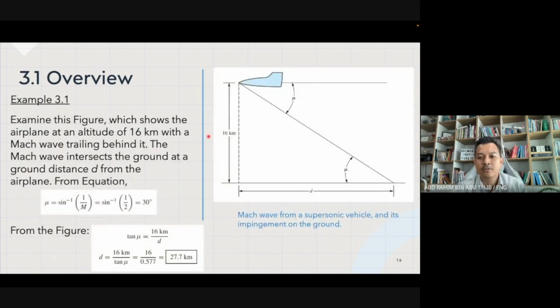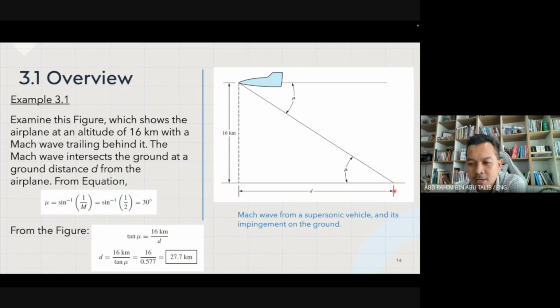So basically, what we need to find is D. In this particular figure, you have the vehicle, the aircraft, and this is just a schematic of the Mach angle mu. This is the altitude it is flying at, 16 kilometers at Mach 2.